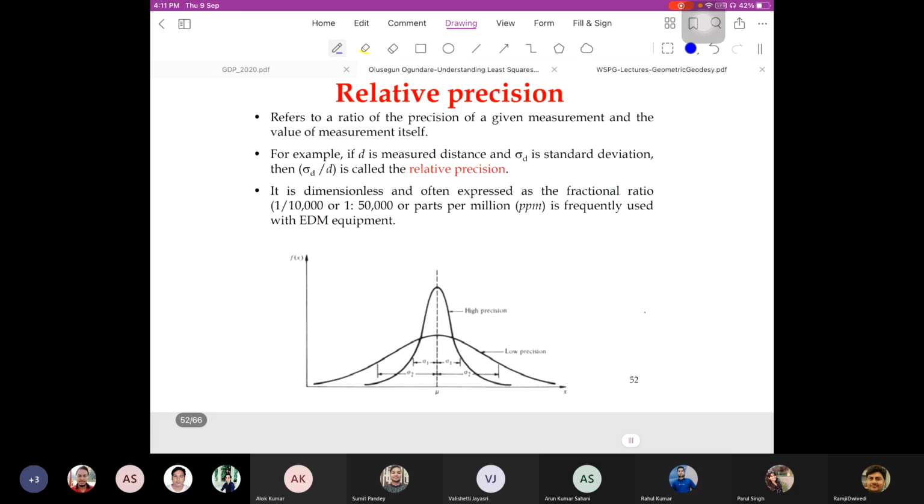It is dimensionless and often expressed as a fractional ratio, 1 by 10,000 or 1 by 50,000. ppm is frequently used with EDM instruments. So this is a very good figure you could see: high precision, low precision. You just take a look at this figure.